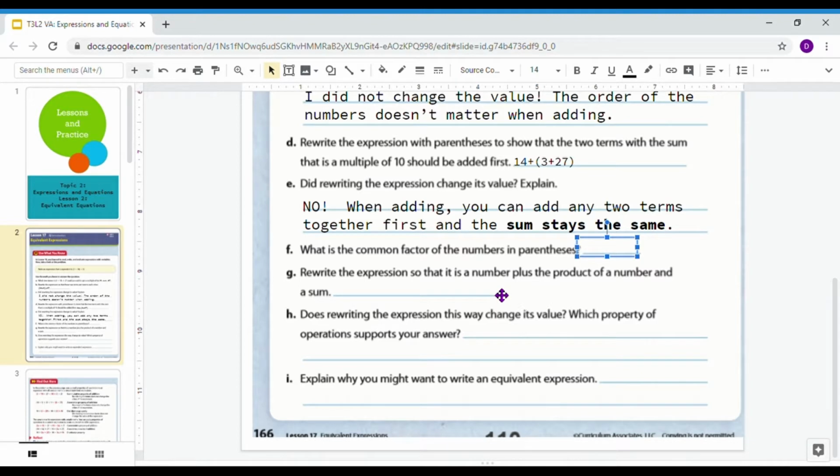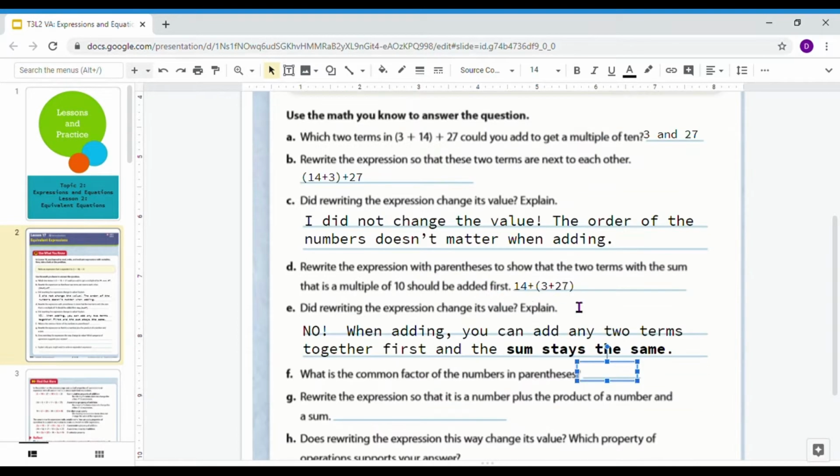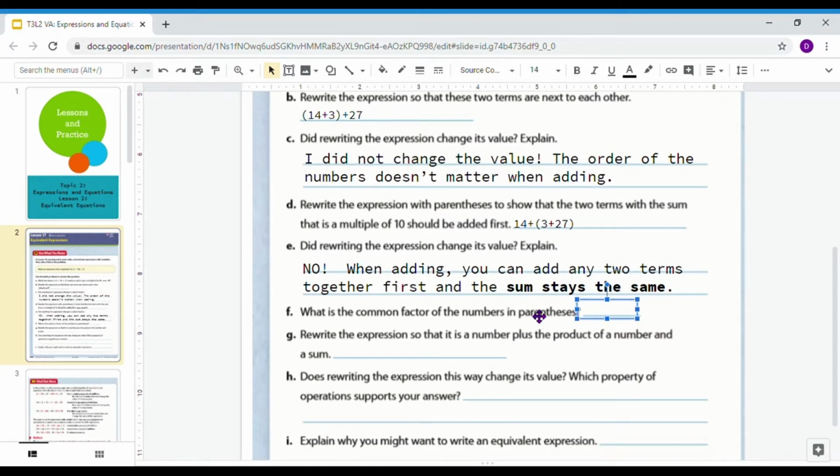Remembering, factors are the numbers that you can multiply to get to these numbers. This case is pretty easy because my first number is a small number and it only has two factors. Those two factors are 1 and 3, because I can multiply 1 times 3 and get 3, and there's no other two numbers I can multiply to get to 3.